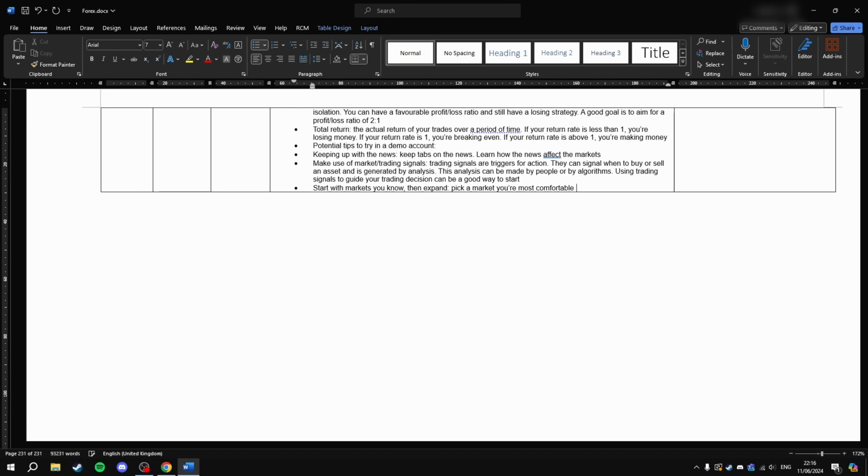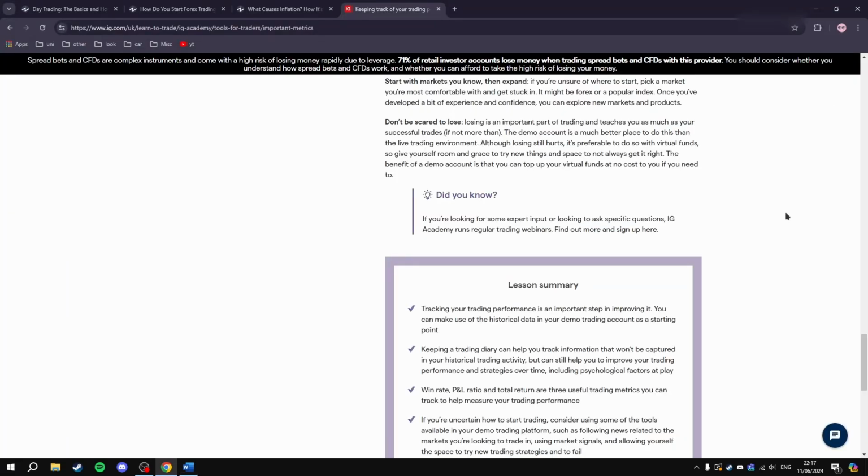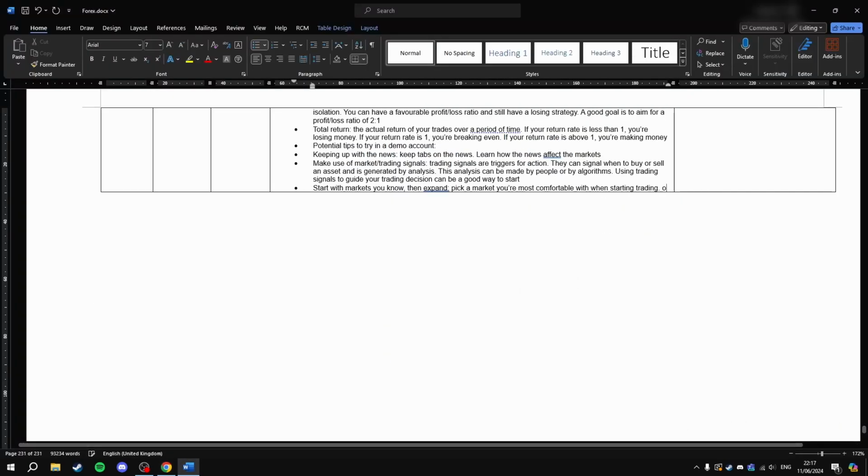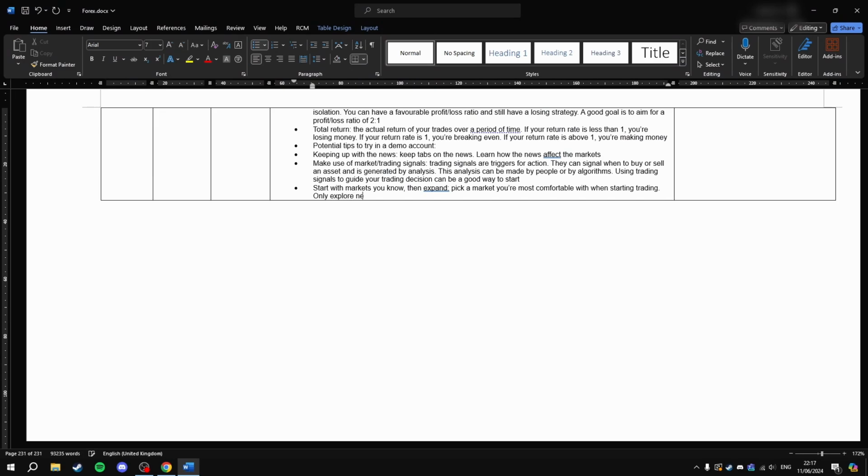It might be Forex or a popular index. Once you've developed a bit of experience and confidence, you can explore new markets and products. Only explore new markets and products once you've gained enough experience.